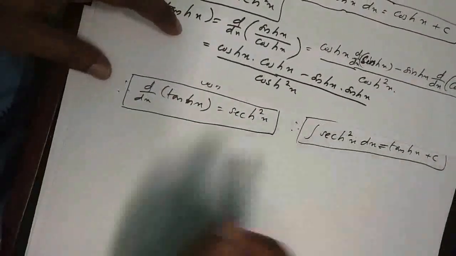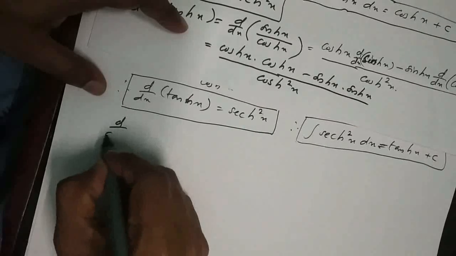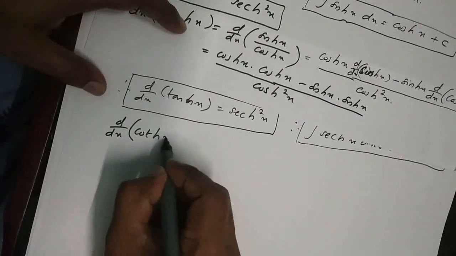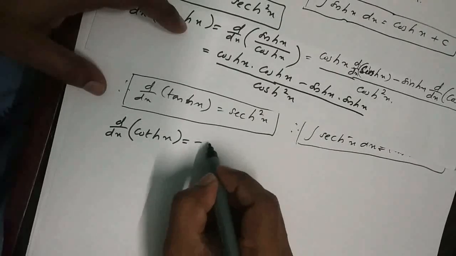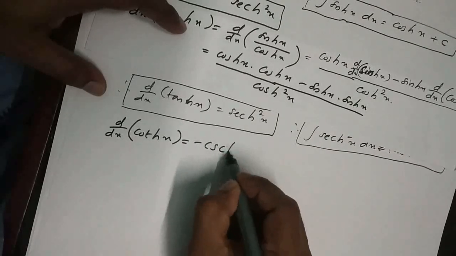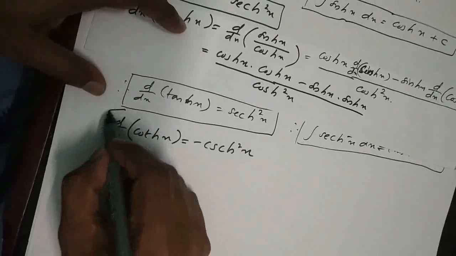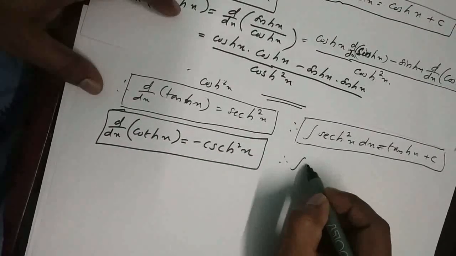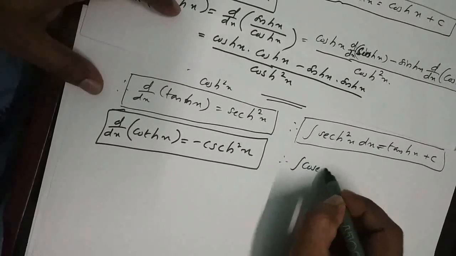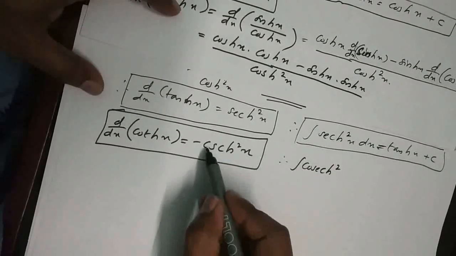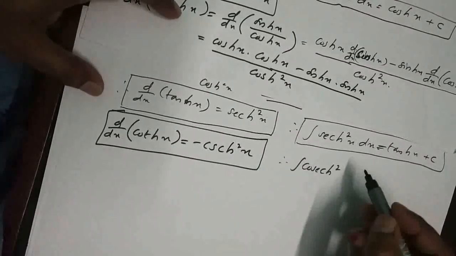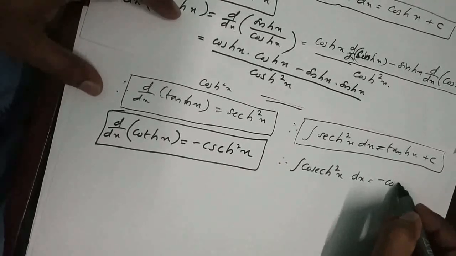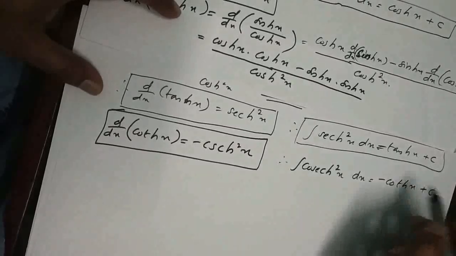Next one is d by dx of coth x. This is equal to minus cosech square x. Therefore we can say that the integral of cosech square x dx, which can also be written as csch, is equal to negative coth x plus c.